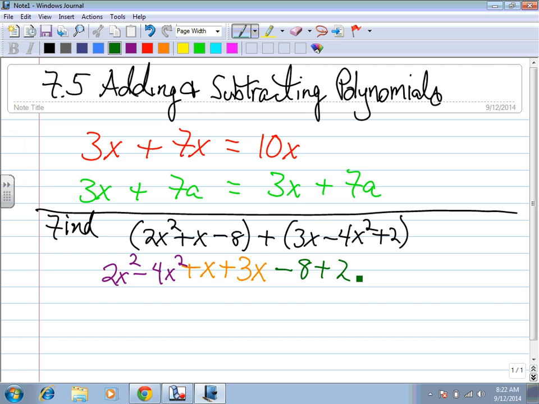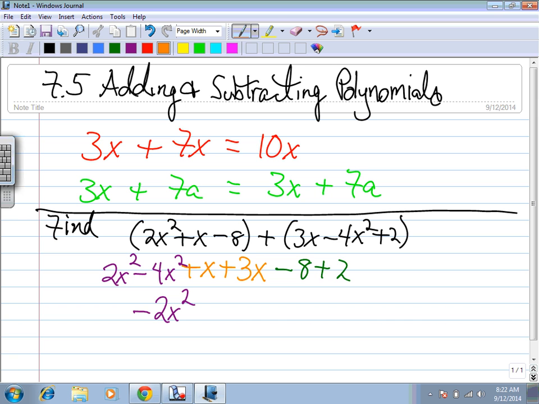Now we just combine those terms. What's 2x squared minus 4x squared? Negative 2x squared. Who gave me the x's? What's x plus 3x?